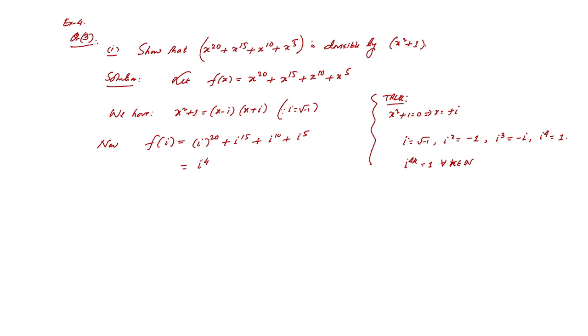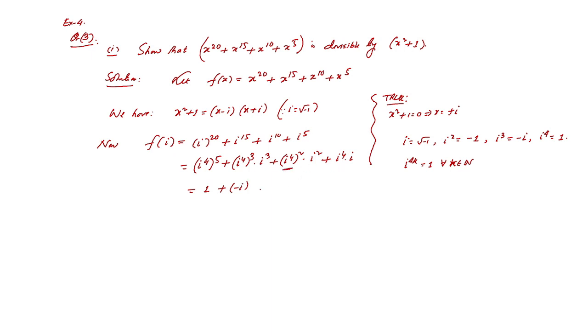So now we can write (i to the power 4) whole to the power 5, and in that place we can write i to the power 15, so (i to the power 4) whole cube into i cube plus (i to the power 4) whole square into i square plus i to the power 4 into i. So this is basically 1, and i cube is basically minus i.